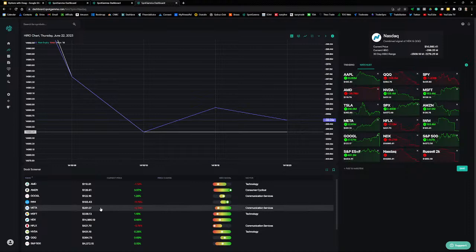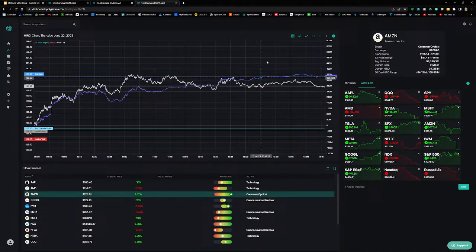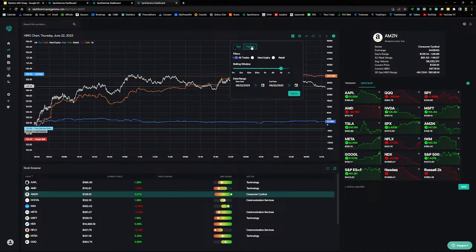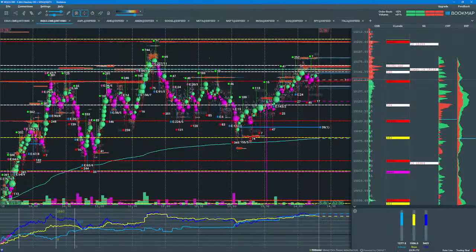I'm going to go through some stocks quickly. So here's Amazon. That was the brightest green on the Thinkorswim heat map. Call buyers. So call buyers are back in Amazon, helping to drive price higher, helping to drive NASDAQ higher. We'll go back to Bookmap. Take a look at Amazon.